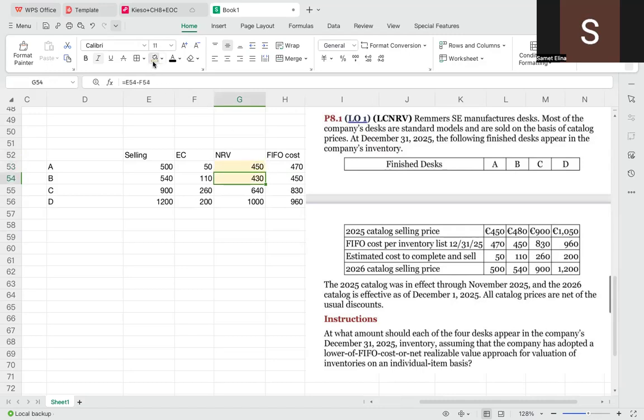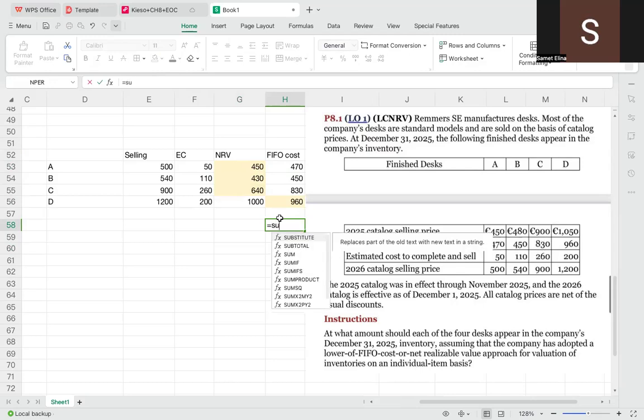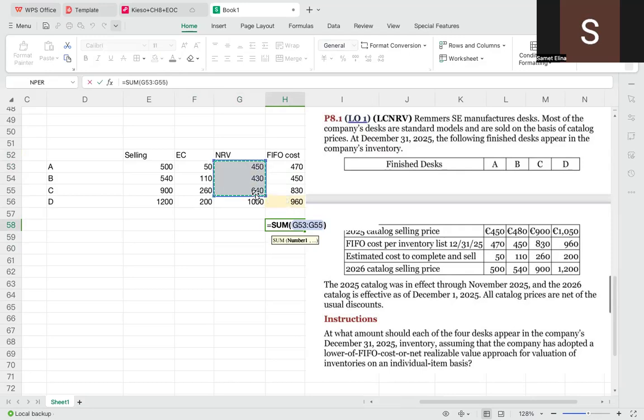This one is lower. This one is lower. And for D, FIFO is the lower. That's it. This is individual value, and to sum up the total value of our inventories, we just sum the lower values up. That's it.